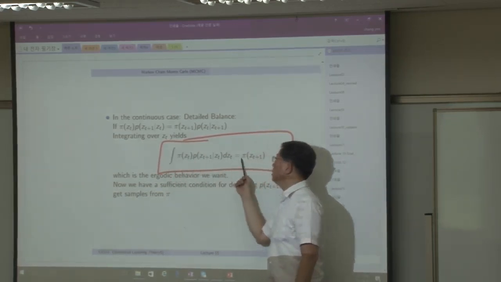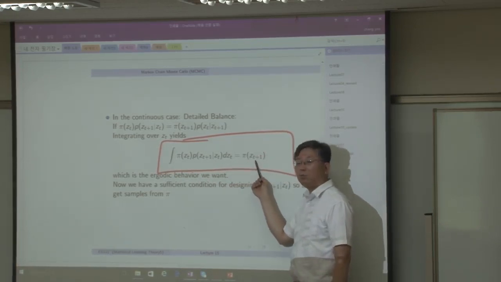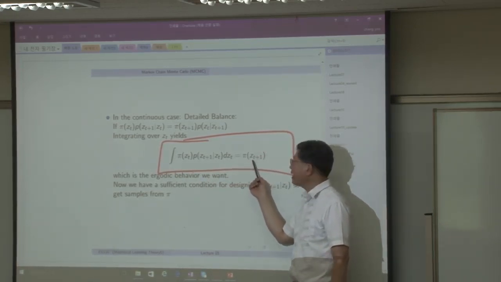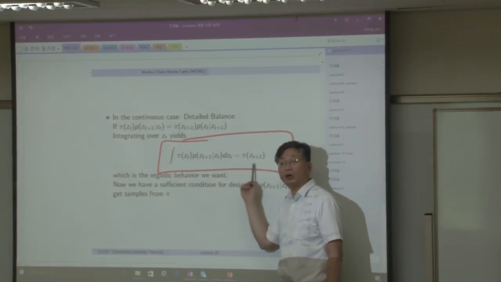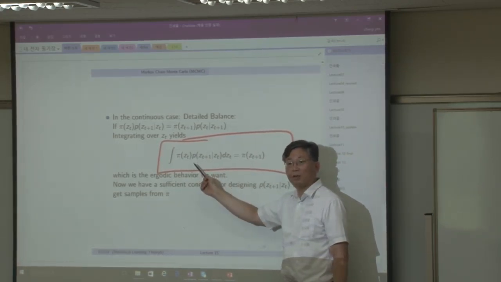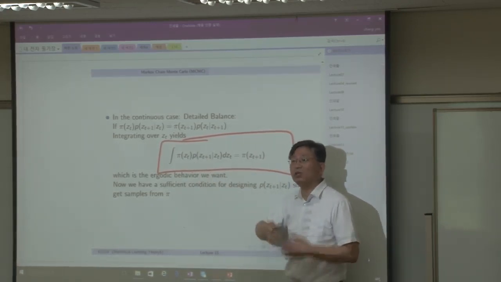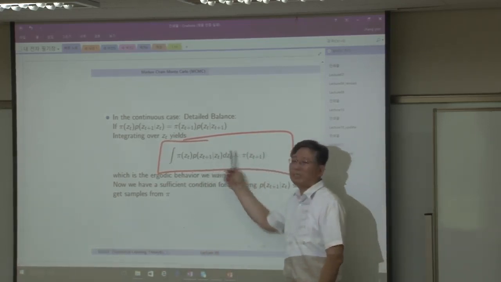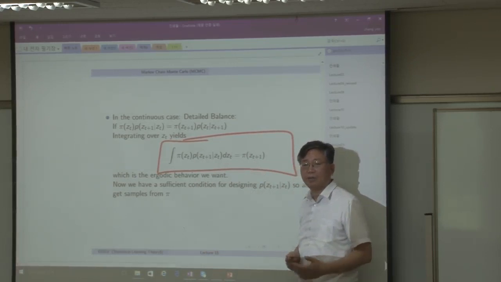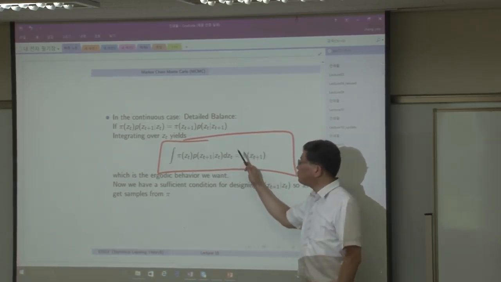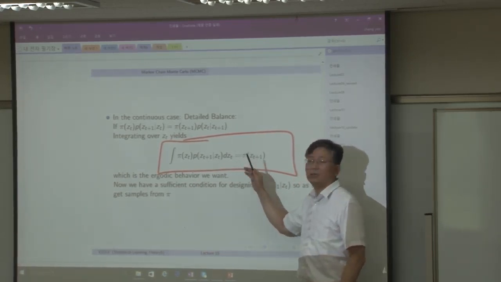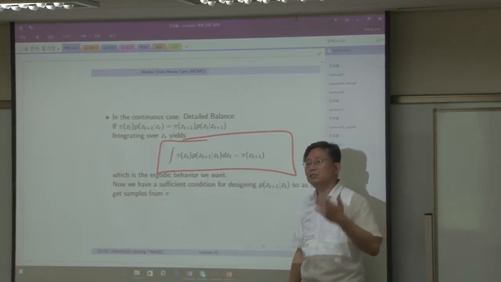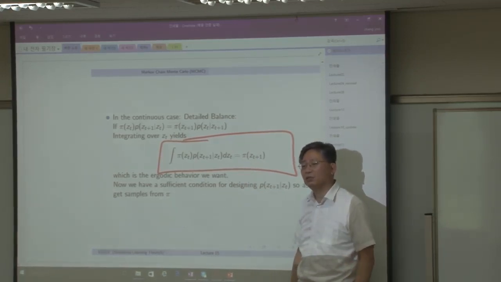Here's the integral. You return to a probability distribution that is the same as you started out with. After each transition, the marginal probability of that state has to be the same. And in order to satisfy this, you have to satisfy the detailed balance equation.